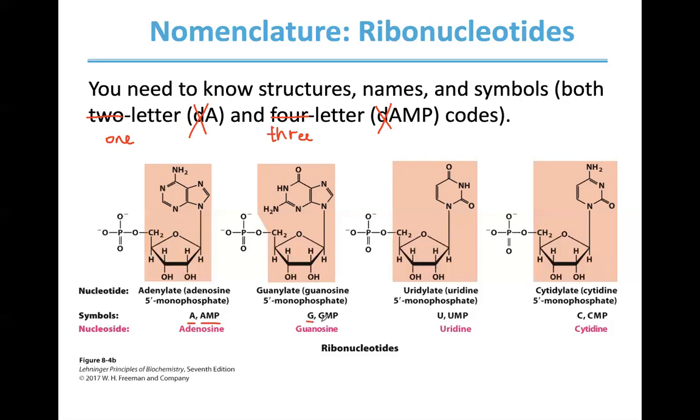G, 1-letter, and 3-letter, GMP. Now instead of thymine, we have uracil, right? So this will be uridylate or uridine monophosphate. And there's cytidylate, C and CMP.